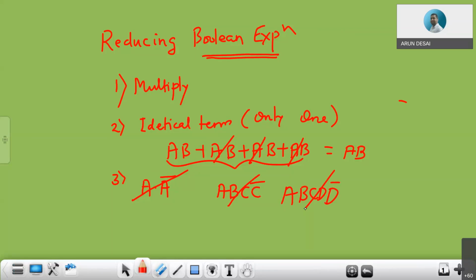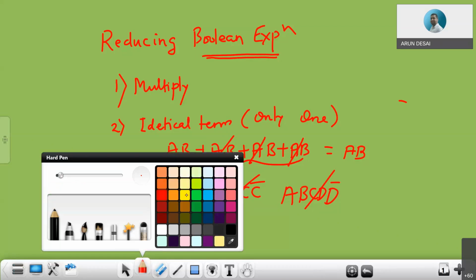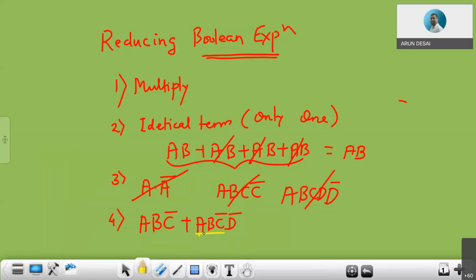Then the fourth rule is: look for a pair of terms that are identical except for one variable. That means ABC complement and ABC complement D complement.